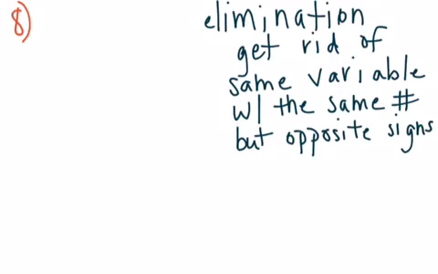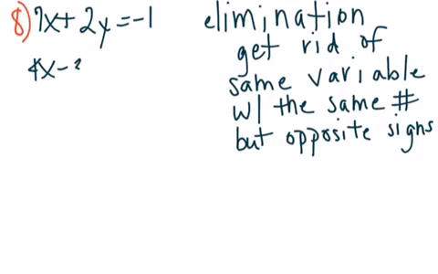So on number 8, you have 7x plus 2y equals negative 1. The other equation is 4x minus 3y equals negative 13. If you'll notice, the y's have a positive and a negative. So we've taken care of the opposite sign part of it.